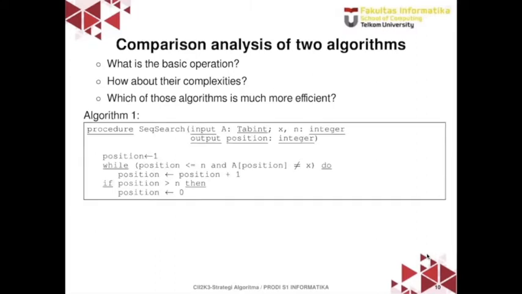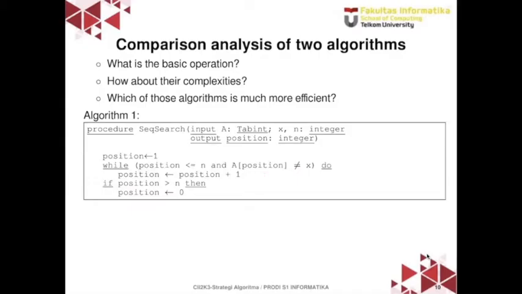For example, take the first algorithm, sequential search. Here we have some operations. We have an assignment here, another assignment here and a comparison here. We have a condition check here, and also another assignment.